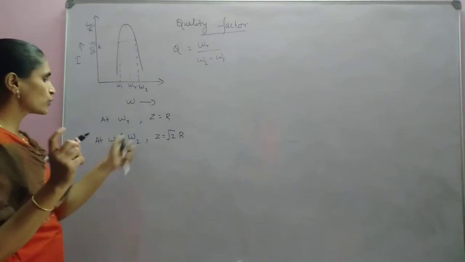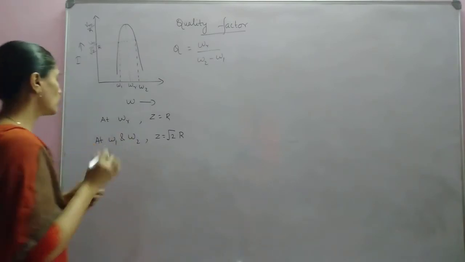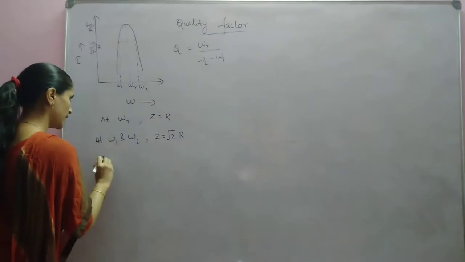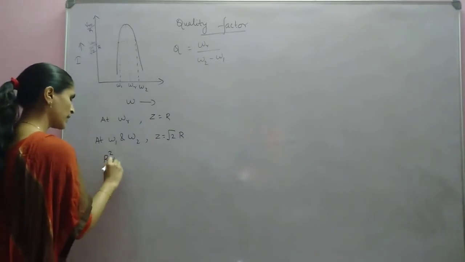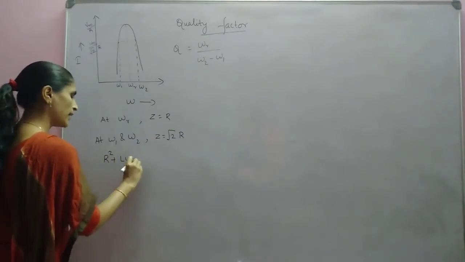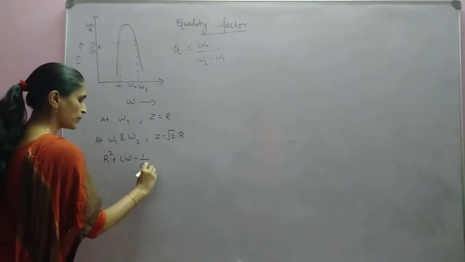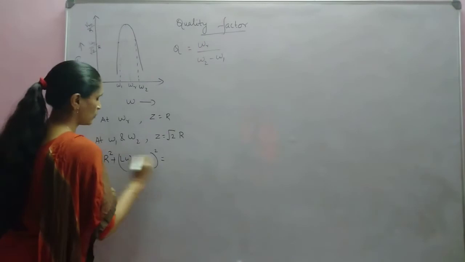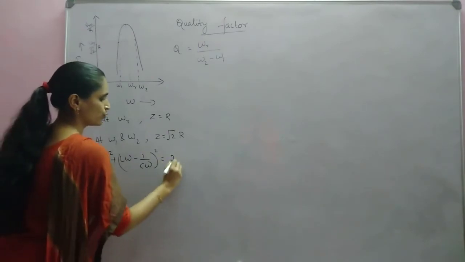Now we know the expression. So at omega 1 and omega 2, we can write R square plus (L omega minus 1 by C omega) the whole square is equal to 2 R square.